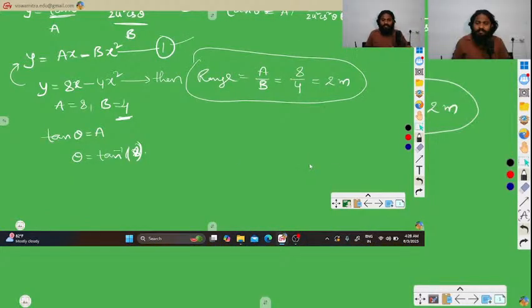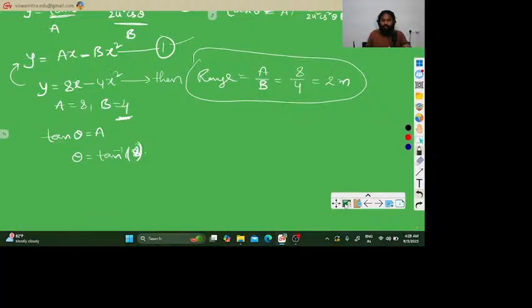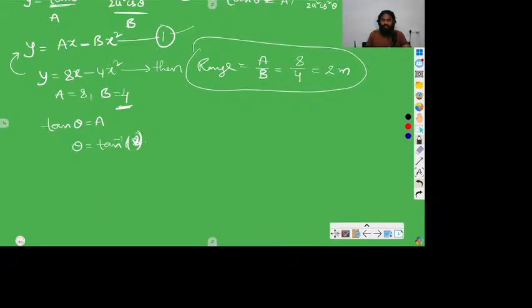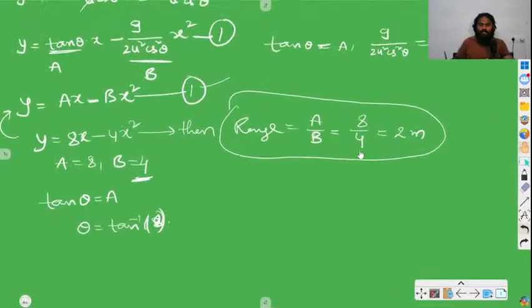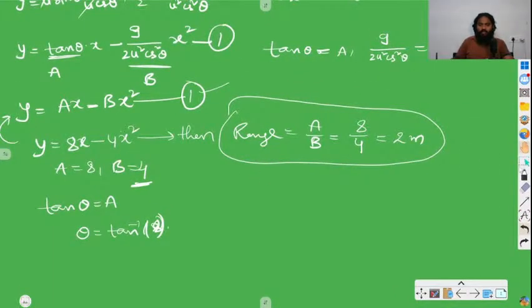If they ask you to find the initial velocity, then you know very well, from this equation, if you observe here, g by 2u square cos square theta is equal to b, right? From this, if you want to find the initial velocity, then you can take this u square to this side and send this b to the other side.